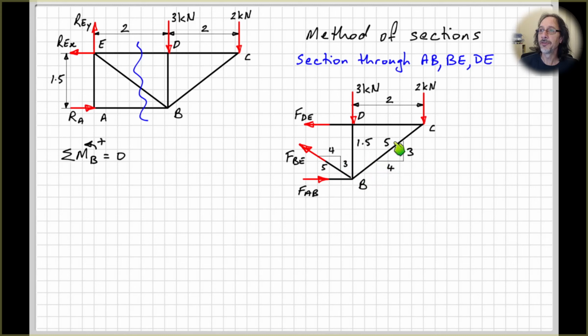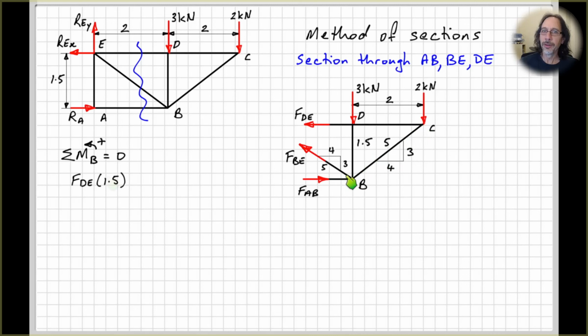And here, instead of using the angle that we calculated before, I've noted that this is a 3, 4, 5 triangle. Okay, so you've got 1.5 here and 2. So if you multiply this by 2 and this by 2, you get 3 and 4. So therefore this would be 5. So this is a 3, 4, 5 triangle, right? So the length of this member here, CB, will of course be 2.5.